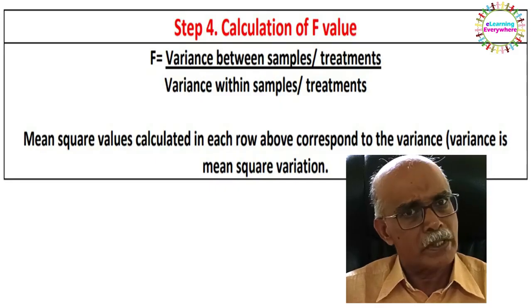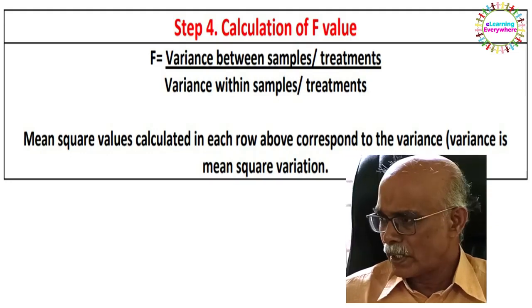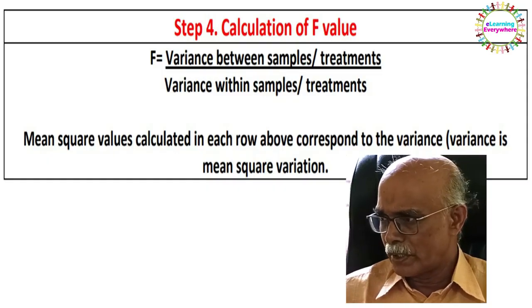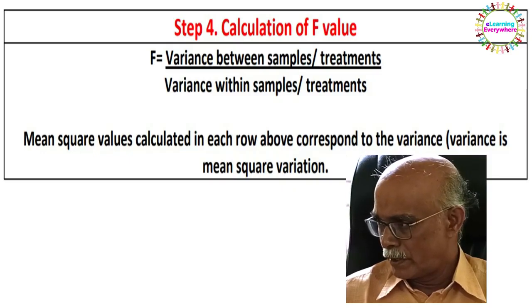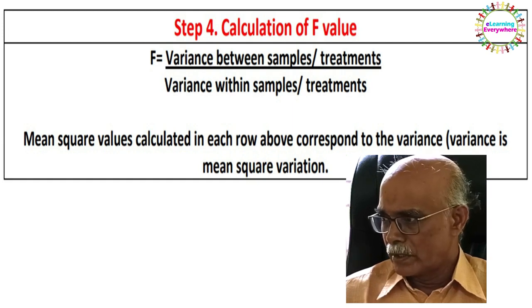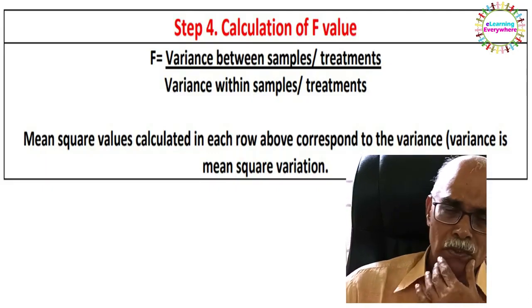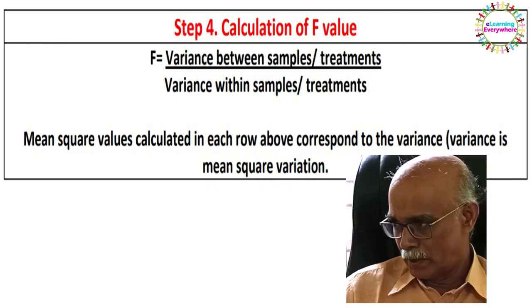Mean square variation between treatments divided by mean square variation within treatments will give you the F value, and then you will be using an F table to test the significance of the F value.